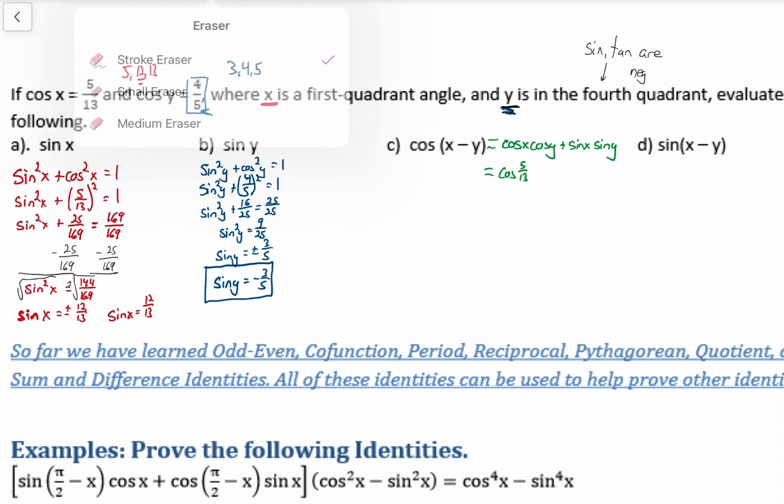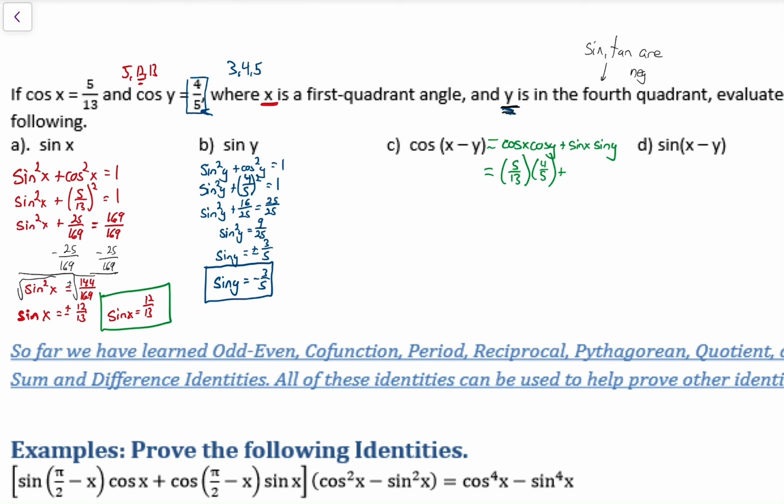I say that, but some of you probably still will. I hope you prove me wrong. So this is 5/13, because that's what the cosine of x equals. Cosine of y is 4/5, plus sine of x, it's down here, that's 12/13, and sine of y is negative 3/5.